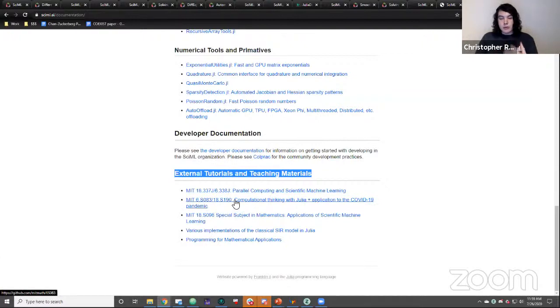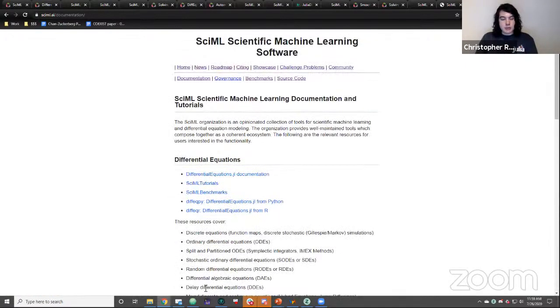There is a computational thinking course at MIT as well, which is all about how to do pandemic modeling, and it utilizes some SciML tools. And so there's a lot of these other tutorials out here. And if any other educators are utilizing our tools, please let us know, and we can add your links here. And this is just in our documentation page.